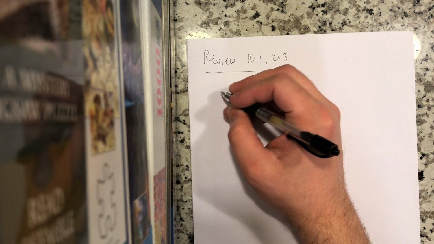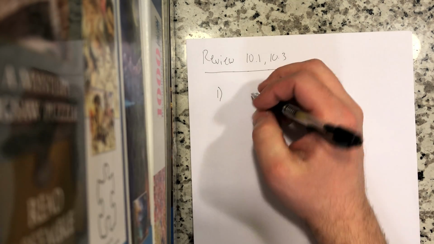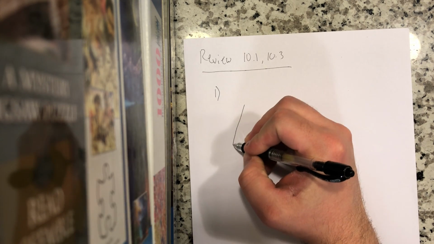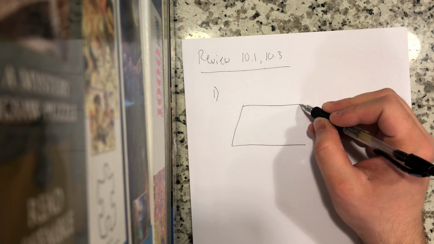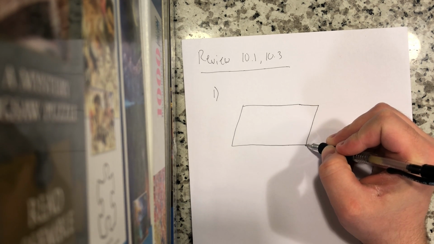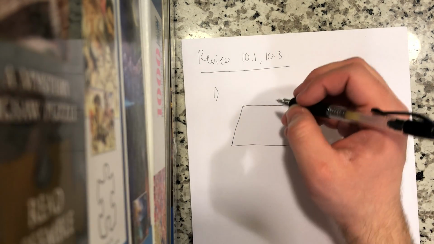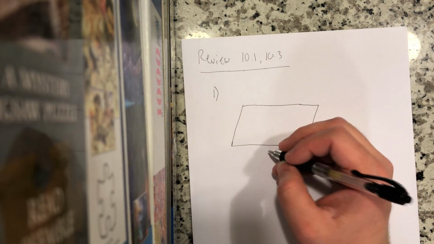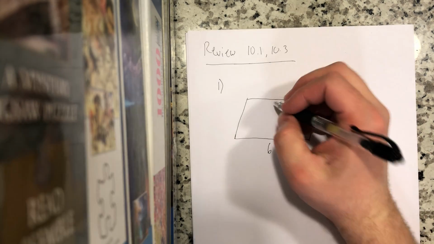So the first one I'm going to do is an example pertaining to section 10.1. What I'm going to do here is draw a picture. In this picture, assume the shape is a parallelogram.